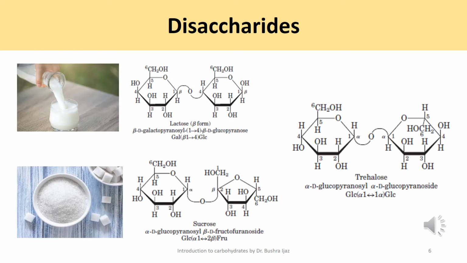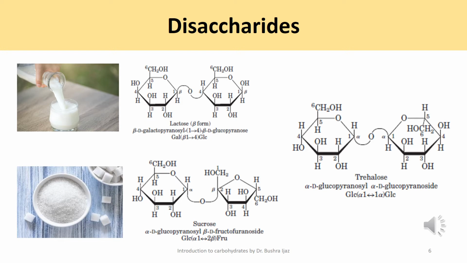Now here we have some examples of common disaccharides. First of all, we have the sugar found in milk, a disaccharide named lactose. Lactose is a large sugar molecule made up of two similar sugar molecules, glucose and galactose.